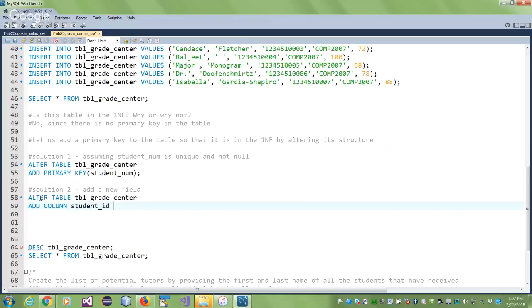The easiest and the correct way is to make it an int. Unsigned, to be on the safe side, because even if I change the auto increment to -300 or whatever, it can be unsigned. And you add it at the first position, which is not necessary at all. And make it the primary key. This is solution number 2.